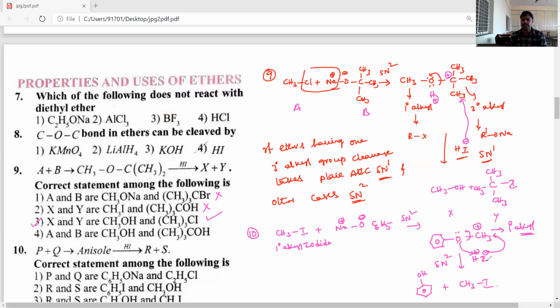It is very, very important, dear students. Cleavage of ethers is always by the SN2 mechanism only. Only when the ether has one tertiary alkyl group does the cleavage take place by the SN1 mechanism. Now the products R and S must be phenol and methyl iodide.